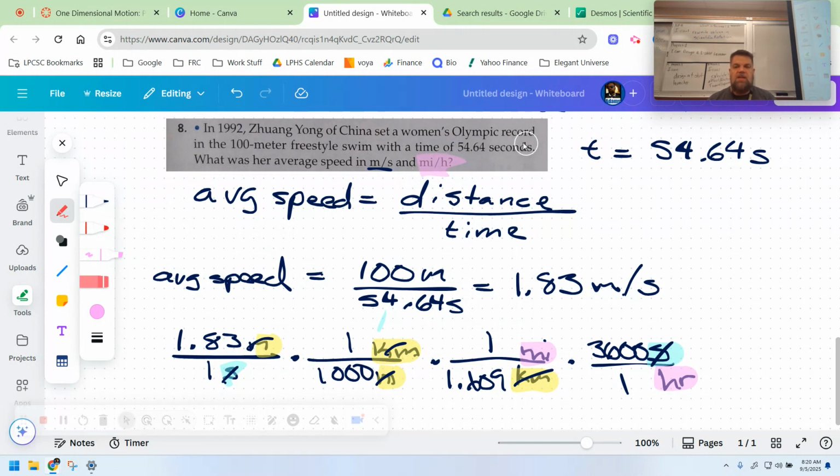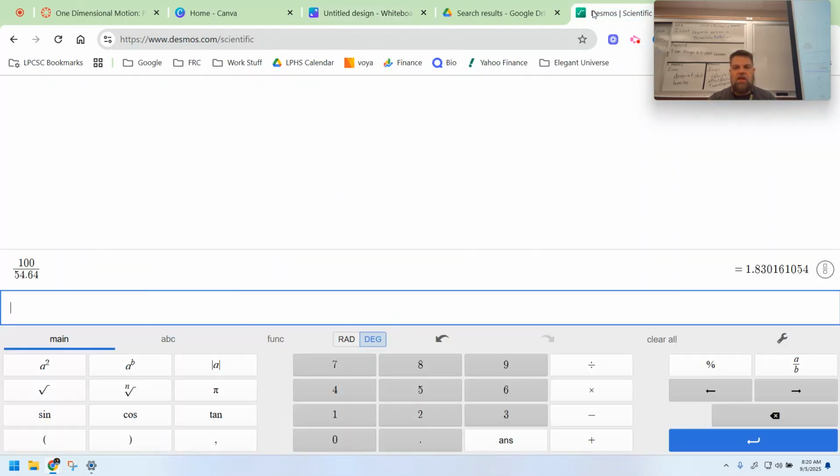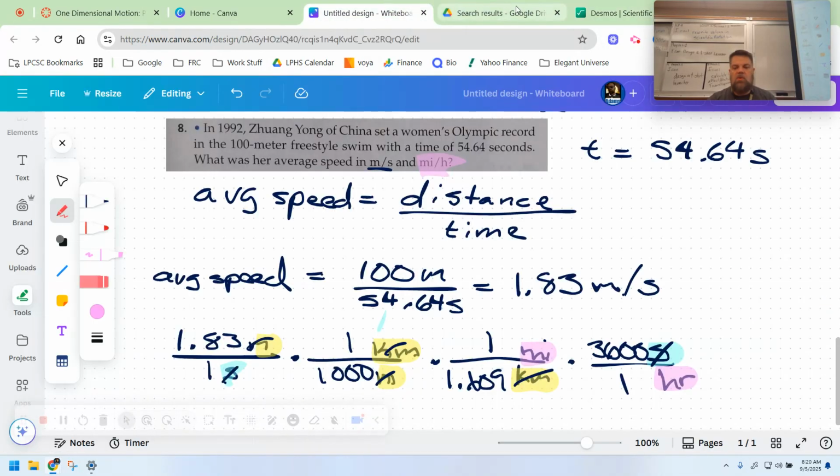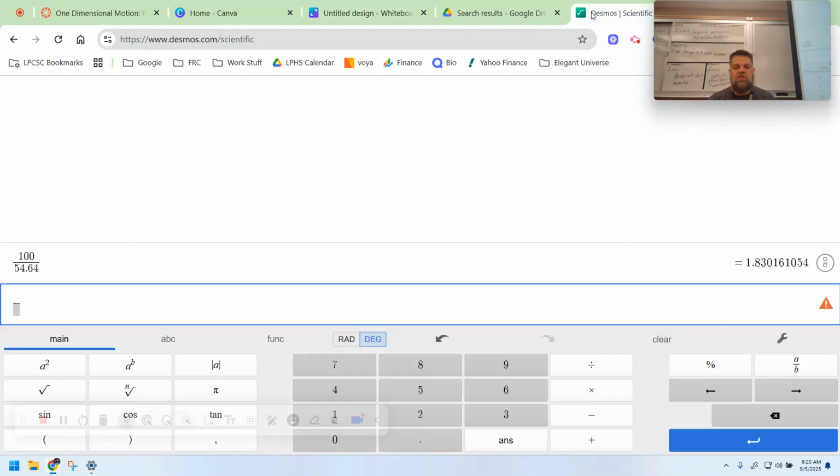Okay, so now I just have to do the math. I can multiply all the numbers across the top and bottom. So when I go to Desmos, I'm going to hit this little fraction thing. It was 1.83 times 1 times 1 times 3,600.